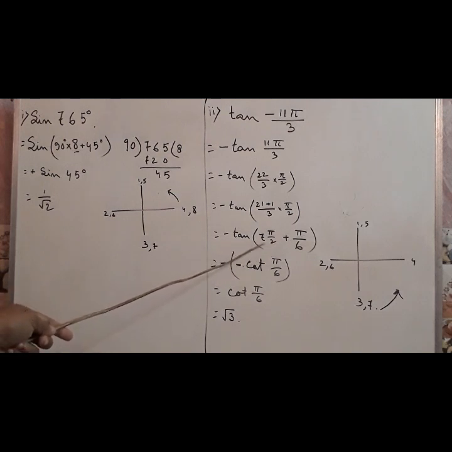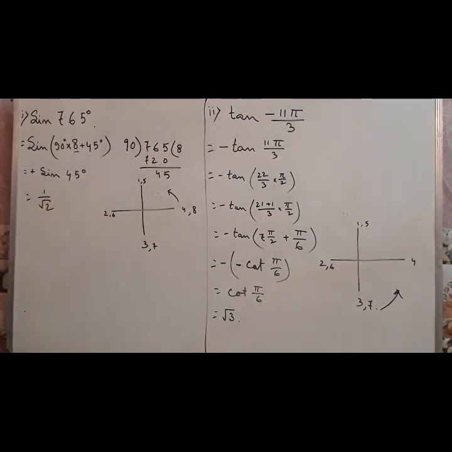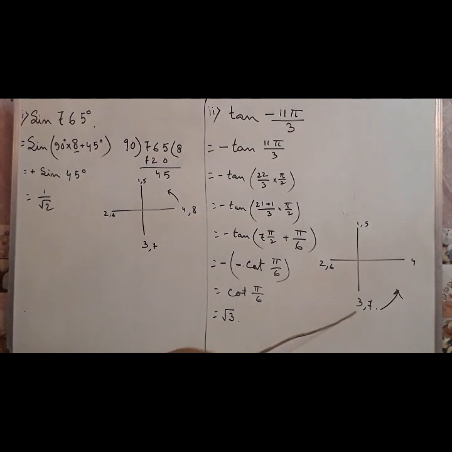For 7 pi by 2, you see the number multiplied with 90 is an odd number, so tan is converted to cot. Now check the quadrant in which this 11 pi by 3 lies. You see 7: 1, 2, 3, 4, 5, 6, 7 plus pi by 6. That means this is the quadrant where the angle 11 pi by 3 lies. What is this quadrant?